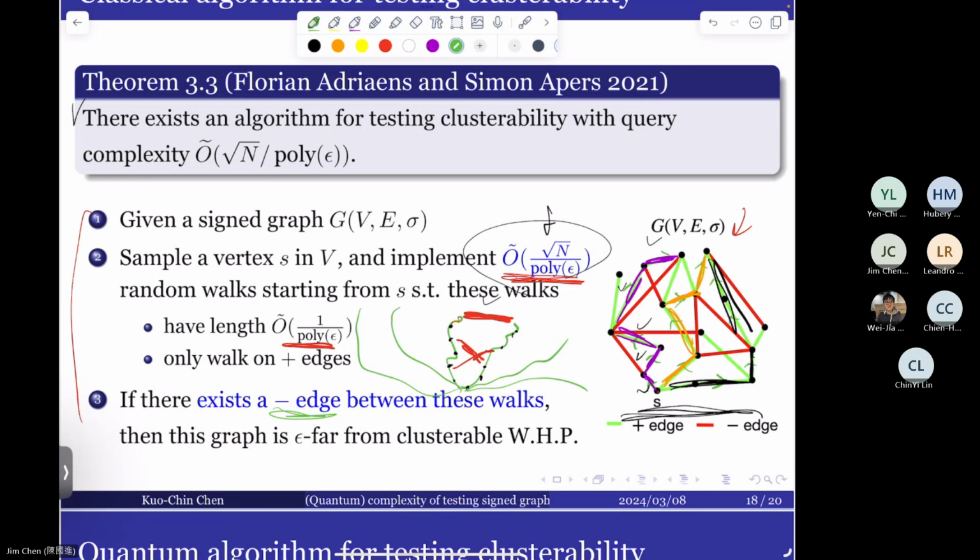Yes. It can be fixed by using a lemma in Goldreich's paper, which I did not mention in this talk. Okay, I see. Thank you.